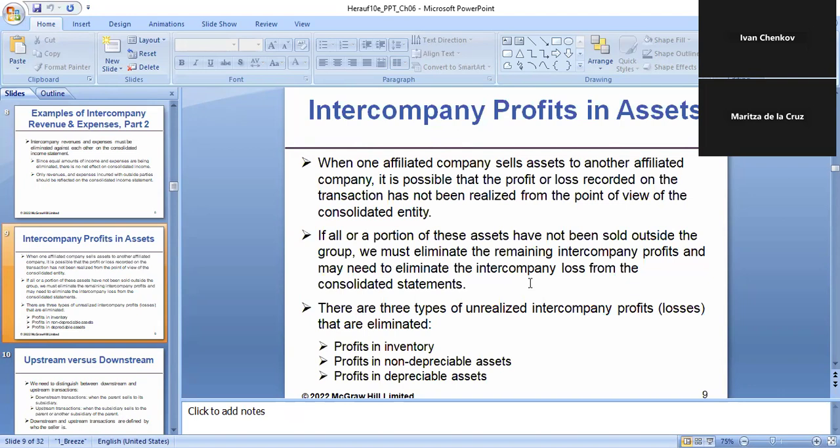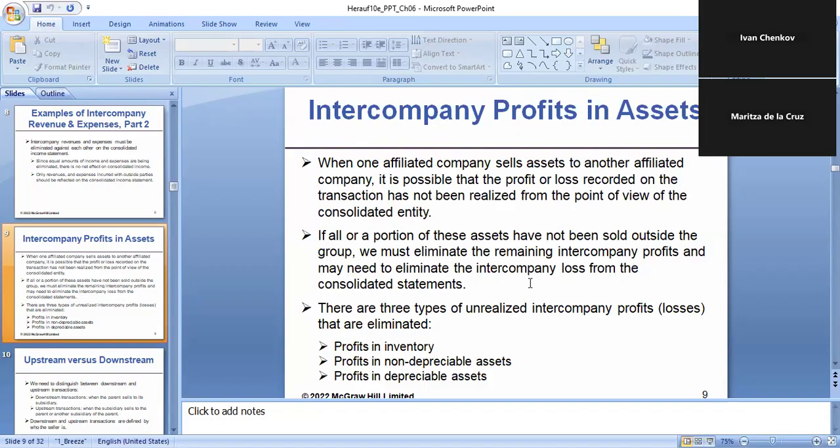There are three types of unrealized intercompany profits on the assets side: inventory, non-depreciable assets, and depreciable assets. Inventory is usually inventory used for the purpose of business. Non-depreciable assets will be land, and depreciable assets will be anything else in the property, plant and equipment section.